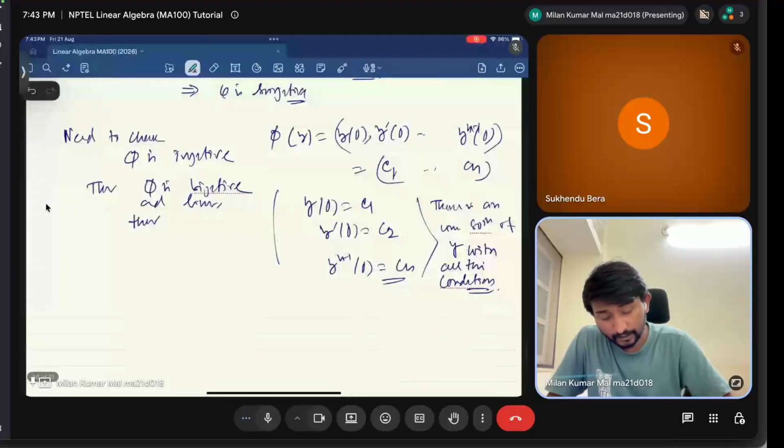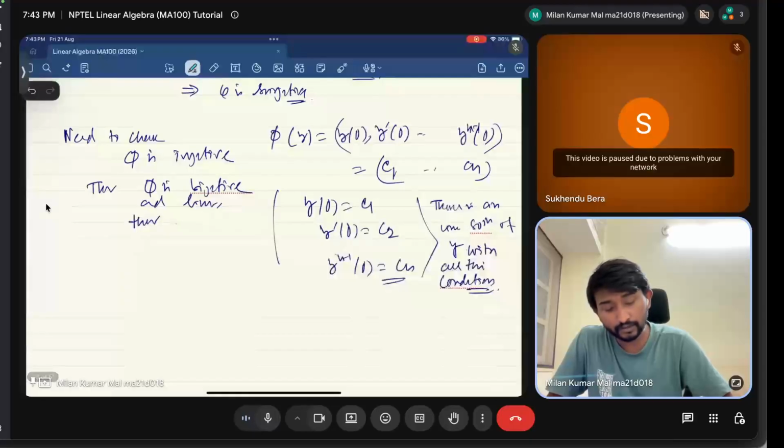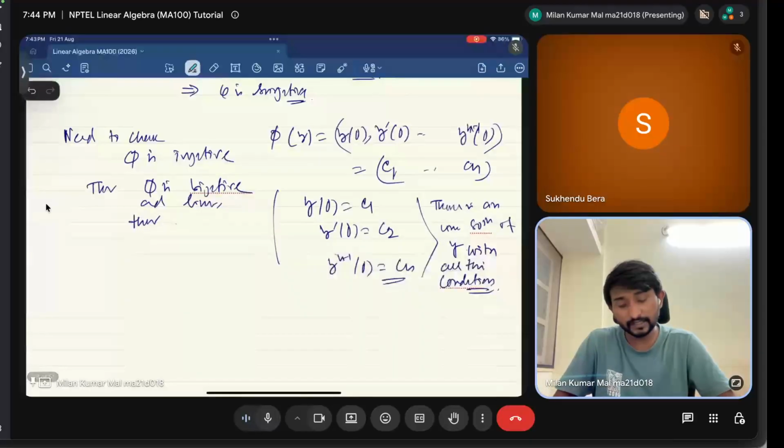That gives the dimension of the vector space V is the same as the dimension of C^n as a complex vector space, which is n. So what you need to prove is that phi is injective.